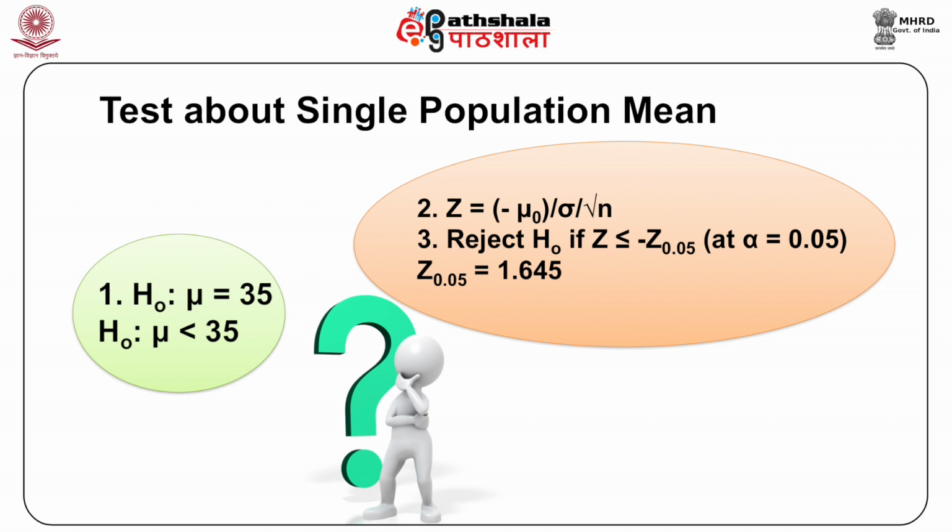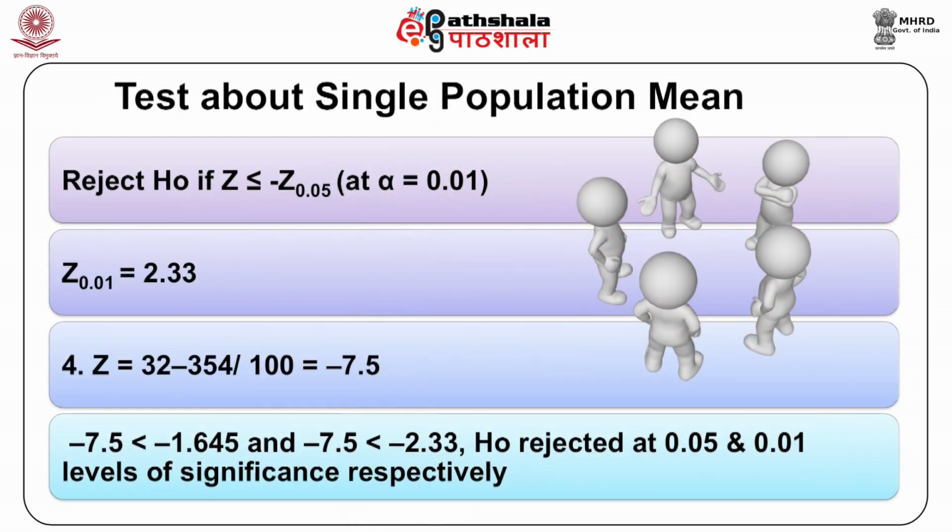Reject H0 if minus Z 0.05 is greater than or equal to Z at alpha equal to 0.05. Z 0.05 is equal to 1.645. Reject H0 if Z is less than or equal to minus Z 0.01 at alpha equal to 0.01.